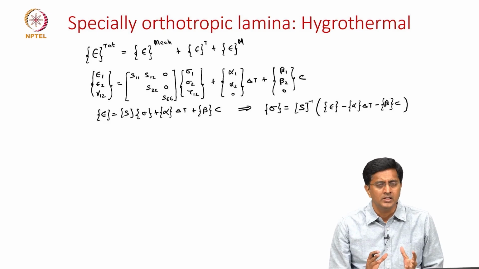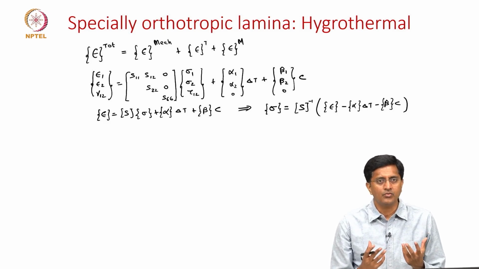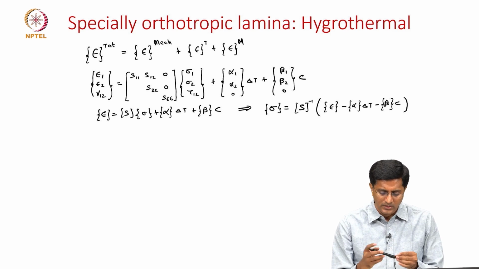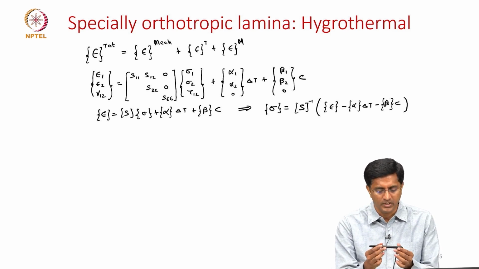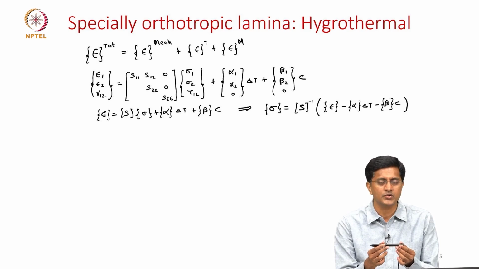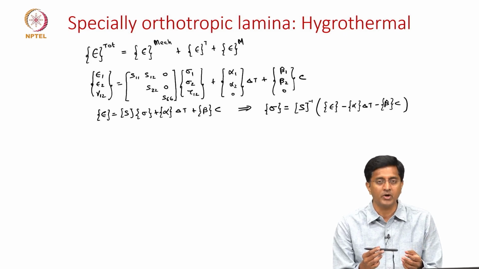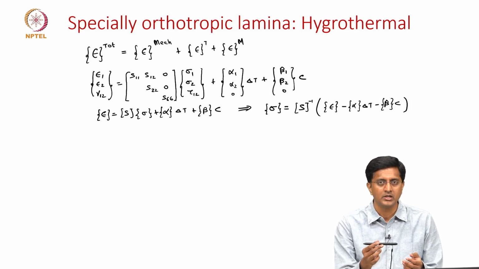But now let's see, we already know from our understanding of strength of materials that, let's say this is an isotropic material and I increase the temperature, there will be a corresponding increase in strain. So it will change the dimensions and introduce strains. But will this specimen introduce any stresses or not?